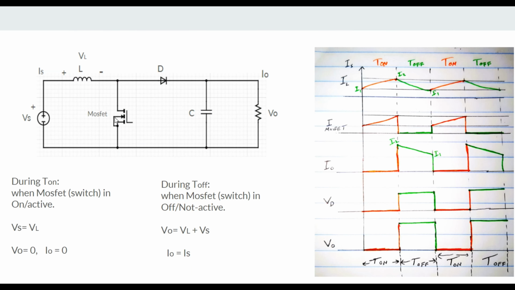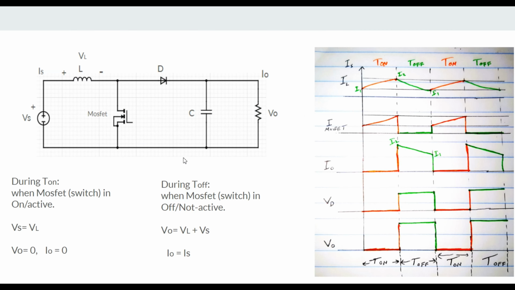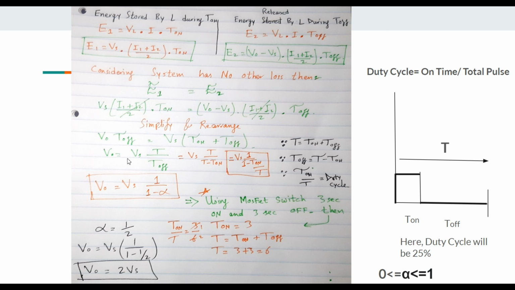Now, by having a bit of understanding of little programming, you can make hundreds of thousands of circuits. Just another example of duty cycle: if the turn on time is this much and the turn off time is this much, we can consider the duty cycle to be around 25 or 30%. So this is the whole thing. I think you have a complete understanding of the boost circuit with turn on time, turn off time, all the waveforms for it, the equations and the final result.